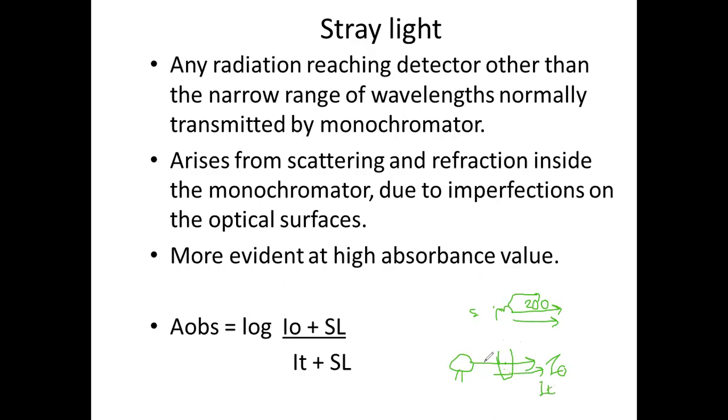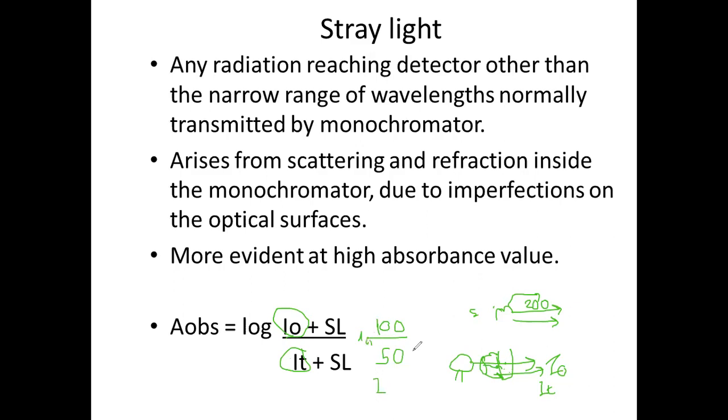Now if the monochromator is giving rise to stray radiation, it is going to be present along with the incident radiation, and it is also going to be present in the transmitted radiation. Now how is it going to affect? Suppose my intensity of incident radiation is 100 and the intensity of transmitted radiation is 50. So what ideally I should get is a log of 2.